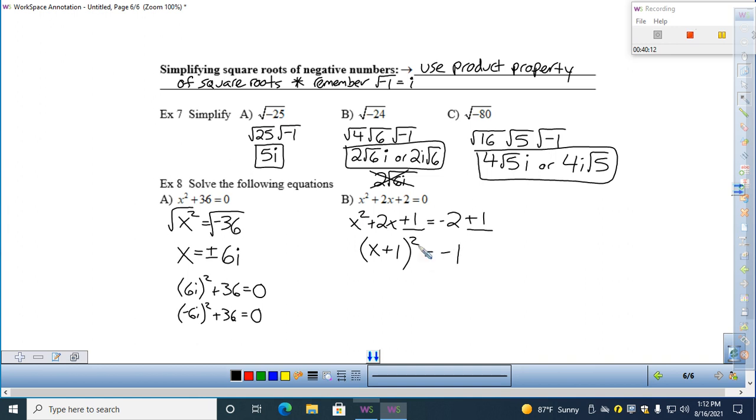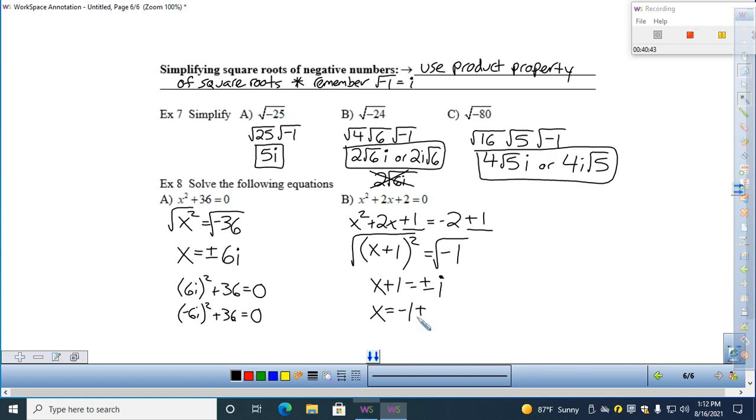And now I have it in the form I want, so I'm ready to undo the square. This becomes x plus 1. Because I undid the square in the equation, never forget, guys, that's a plus or minus right there. And now I need to evaluate this right here. Square root of negative 1. Hey, everybody, it's just I, by definition, isn't it? And then as a result, subtract the 1, just make sure.